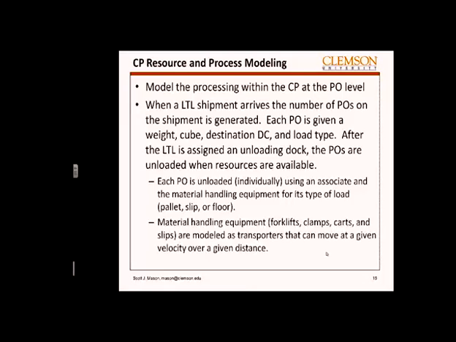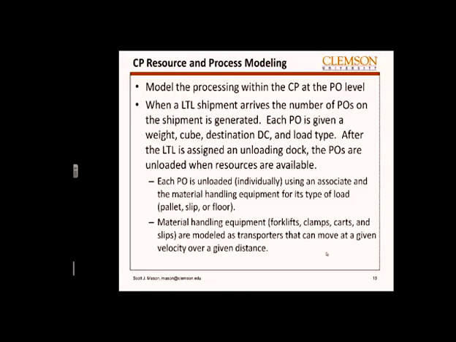This material handling equipment, whether it's forklifts, clamps, carts, slip sheets, etc., we actually modeled as individual transporters inside of the simulation model. Because there's not an infinite number of forklifts. There's not an infinite number of clamp trucks. And we need that resource contention in a simulation model such that things actually have to wait, because even though they're on an inbound door and there's an outbound truck ready for them, there's not a forklift available.